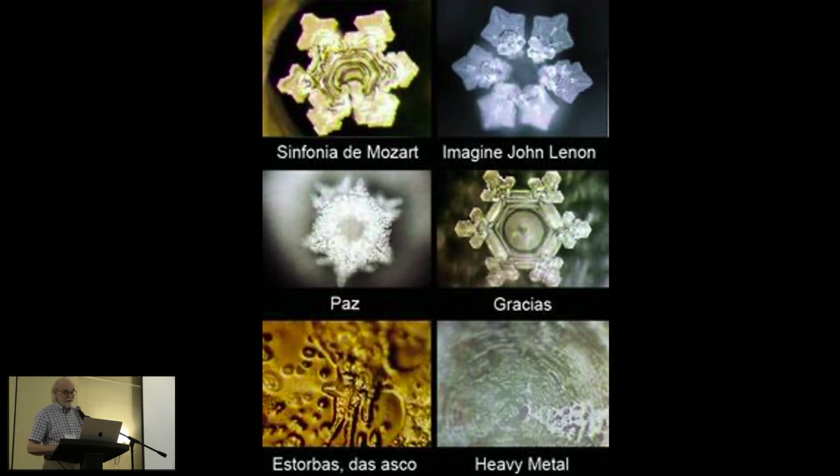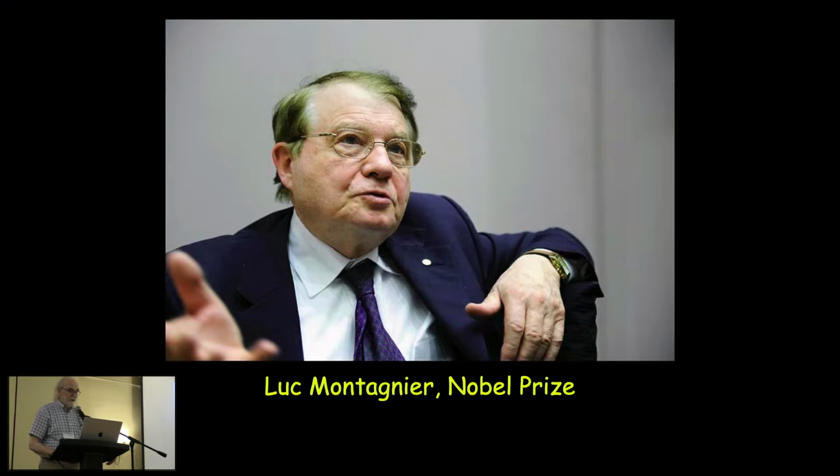On the other hand, we go to the opposite extreme, and here's Luc Montagnier, who won the Nobel Prize for discovering or identifying HIV and AIDS. And he was friends with this first guy I showed, with Jacques Benveniste, and he was so intrigued by those kinds of results that he essentially changed his career.